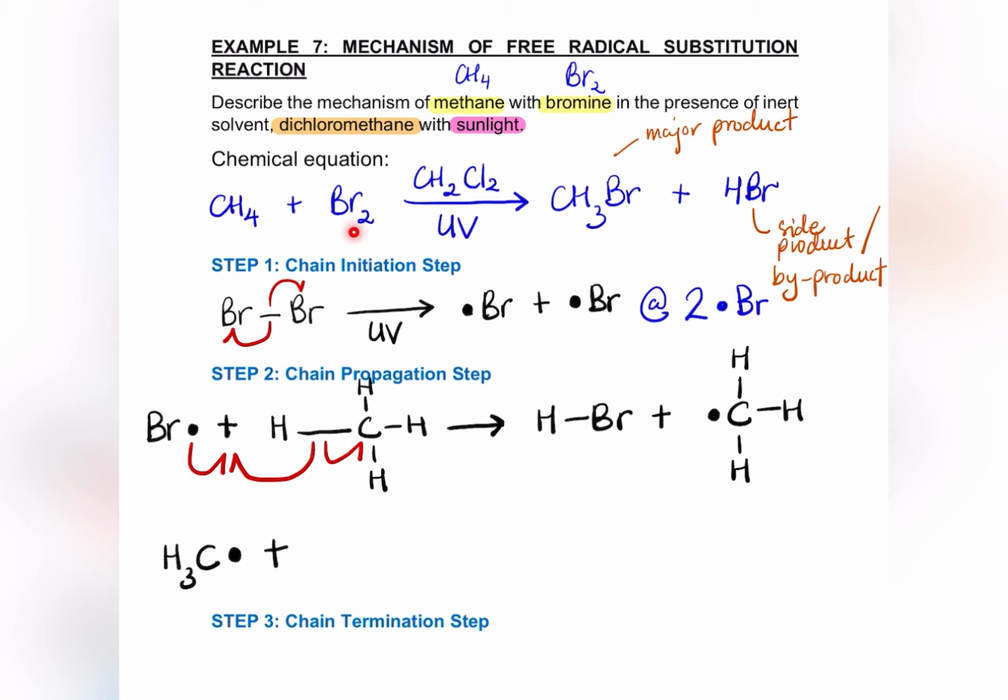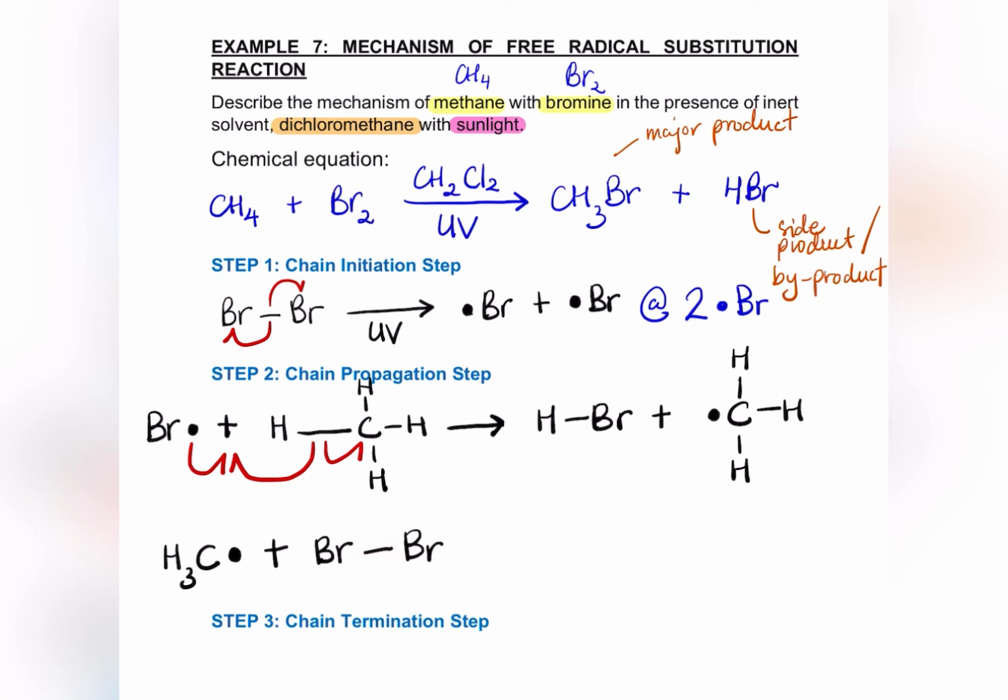And this Br2 is not the same one as in the previous case. It means another Br2 molecule in this reaction. So I'm going to open the bond between the Br molecule. So this is how it looks. It is the same as the propagation step from just now. I'm going to use 3 half-headed arrows. The first one is where the bond cleavage happens here.